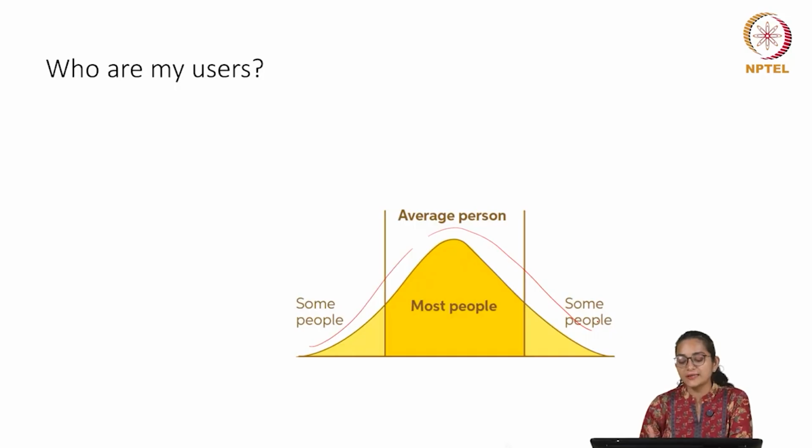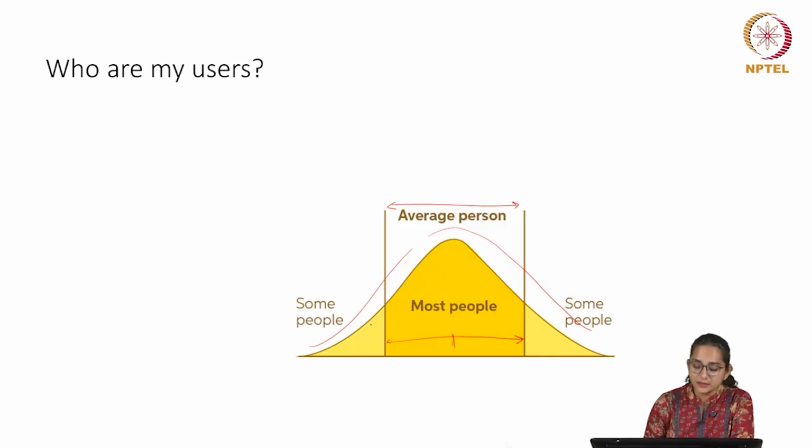And whenever we throw a random population on any parameter on a graph, usually it happens that most people fall in the 80% people fall in the plus minus sigma zone, which is what we call the significant difference zone, and the average user, basically what we say, the average number of, be it height, average usage of number of hours they spend on a laptop or a phone or whatever, right?